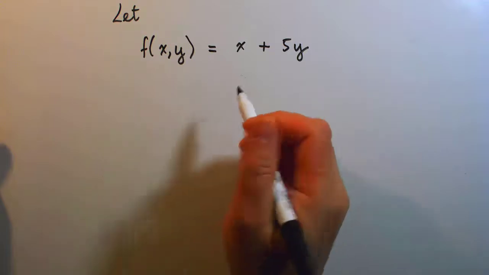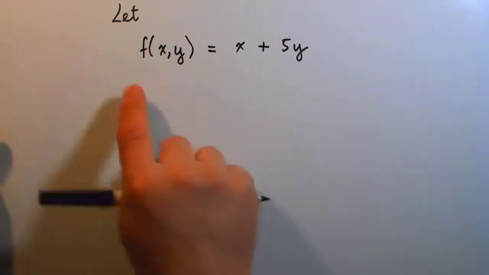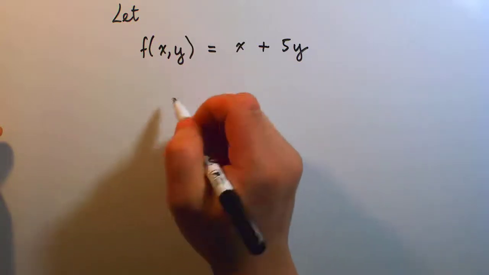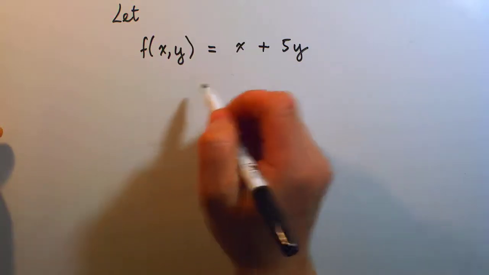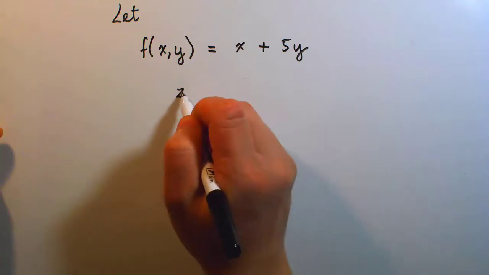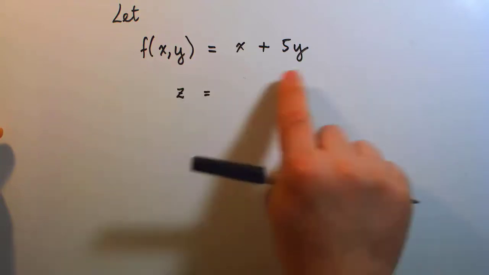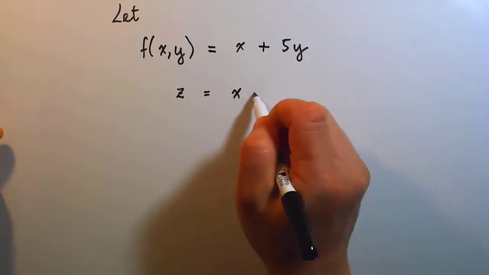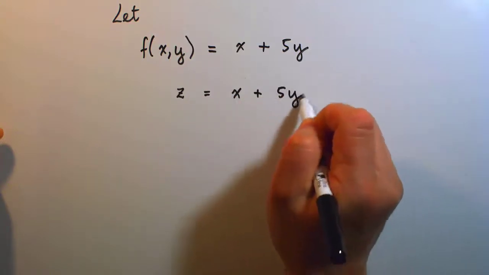For short, a lot of times you might see the entire f of x, y being substituted by a different variable's name. It could be a z. So the same function expression could be written as z as a function equals x plus 5y.